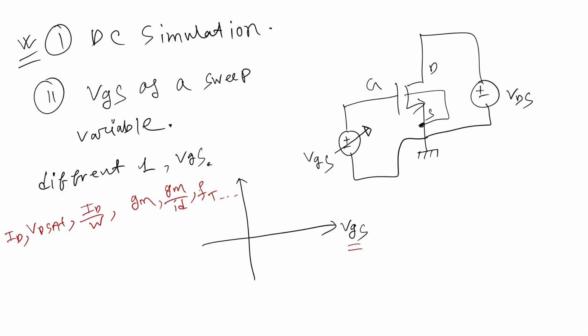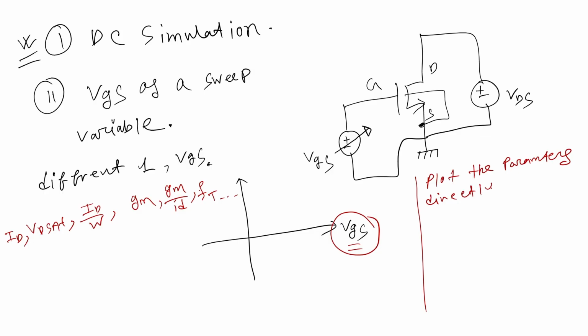So you get the plots against VGS. The problem is that we cannot plot the parameters directly against GM over ID on the x-axis.